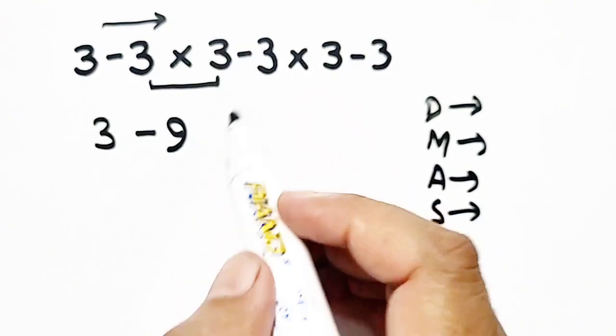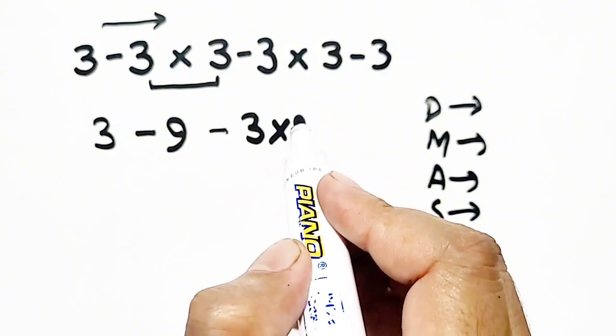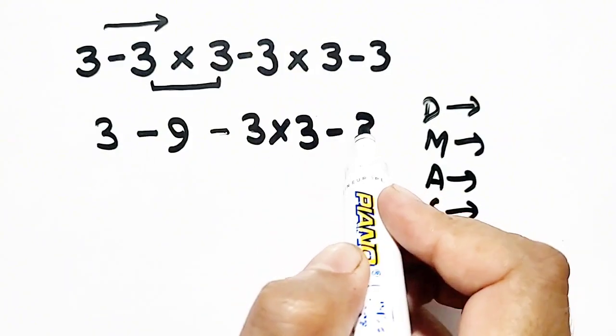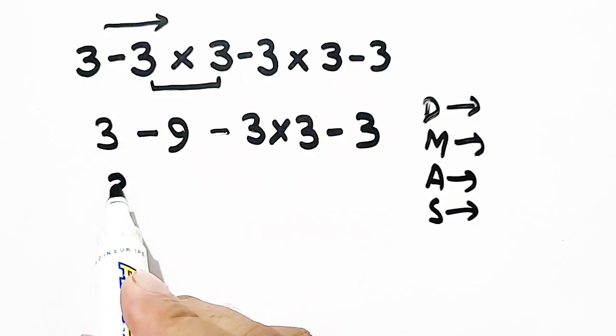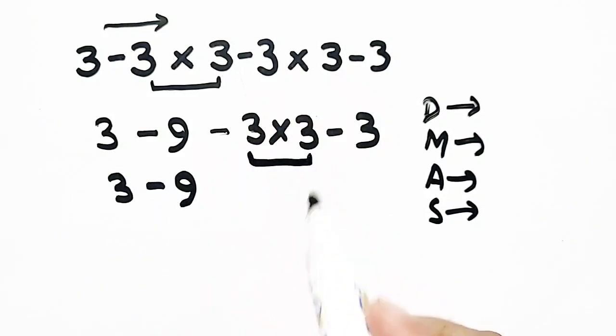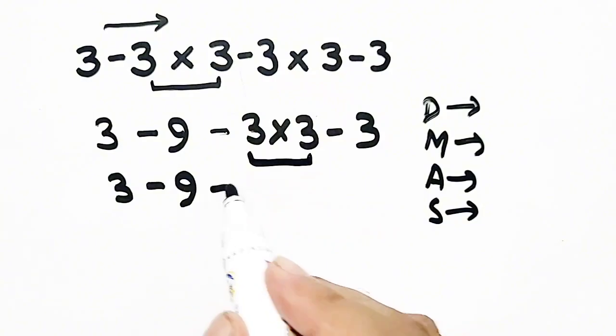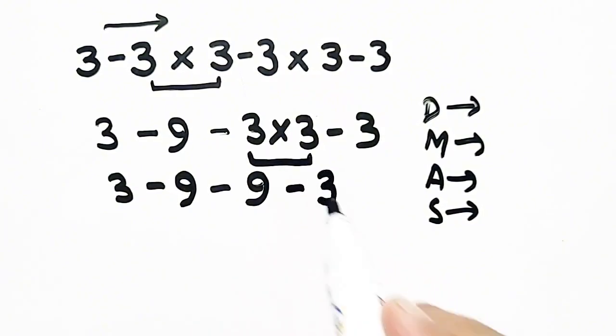Okay? Now here is minus 3 times 3 minus 3. Okay? 3 times 3 is 9, and here is multiplication. So it will be minus 9 minus 3.